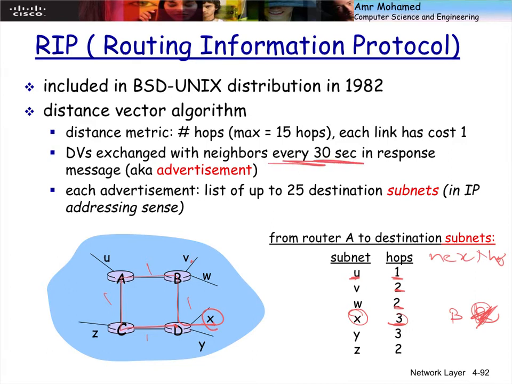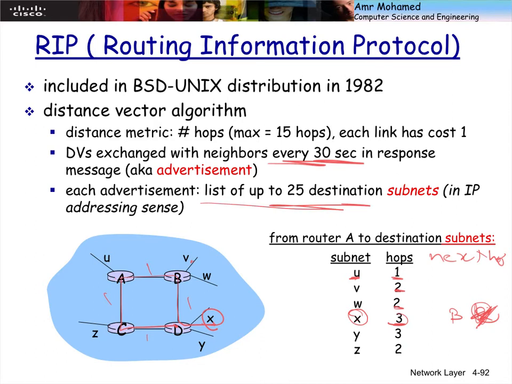Distance vector exchanges updates with neighbors every 30 seconds. So it supports periodic updates, and all the updates happen every 30 seconds. There is an exception to this that we talked about in Network 2, but it's not important. Each advertisement lists up to 25 destinations.